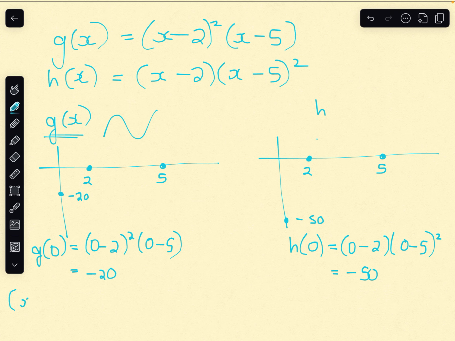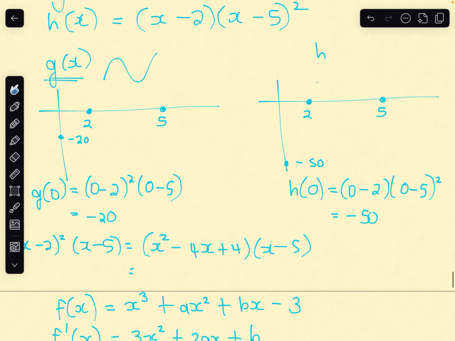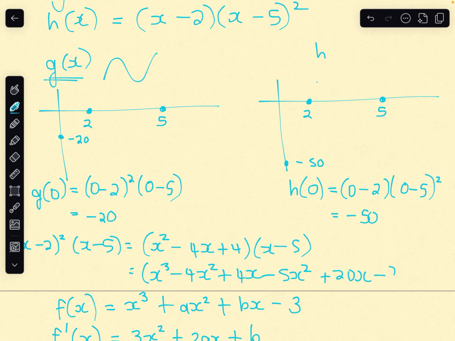Let me just quickly do that here. So for g, x minus 2 squared times x minus 5, that's going to be x squared minus 4x plus 4, times x minus 5. So let's start by multiplying with the x. That will be x cubed minus 4x squared plus 4x, and then multiplying by the minus 5, that will be minus 5x squared plus 20x minus 20.